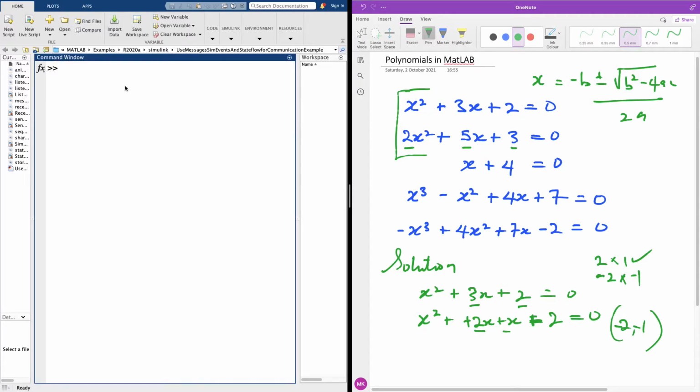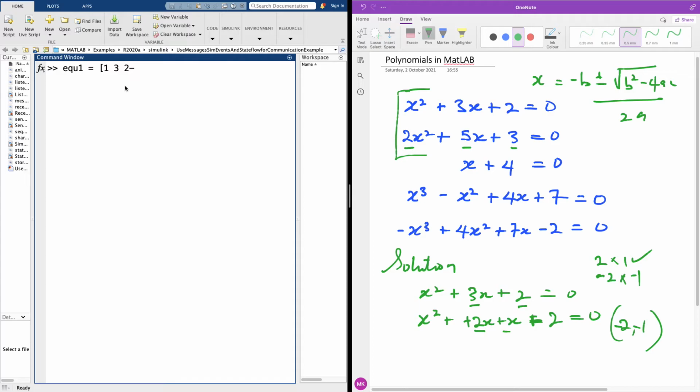To break it down with MATLAB, the first thing you want to do is, for our first equation, let's call it E1. Equation 1 is equal to, you first have to create it as a matrix. So we have the coefficient of x squared is 1, the coefficient of x is 3, and the remaining value is 2.